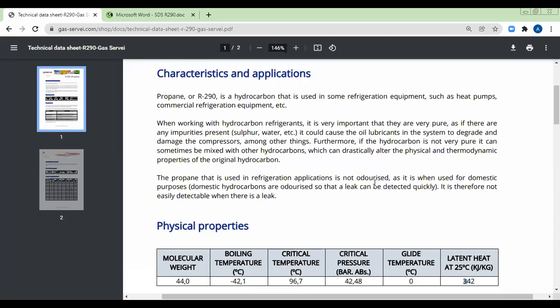If a hydrocarbon is mixed with another hydrocarbon, the properties are altered, the thermodynamics properties are altered. So you have to respect this data. Respecting the data is very important when it comes to safety data and technical data. So these are technical data.